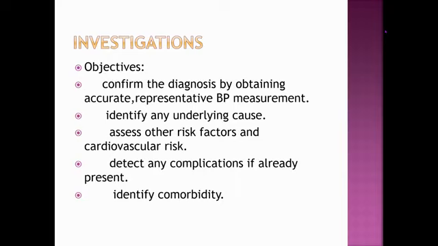Representative means you cannot say a patient is hypertensive by a single measurement. Then identify any underlying cause, assess other risk factors and mainly cardiovascular risk, detect any complications if already present, and identify comorbidity. So these are the objectives of investigation.